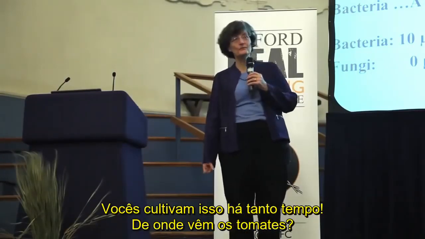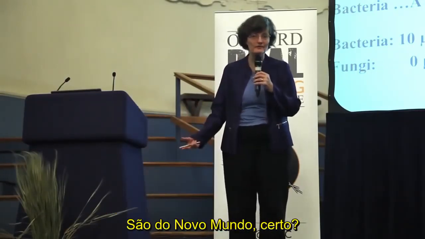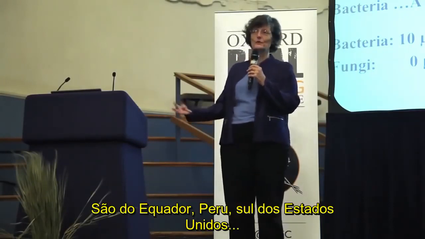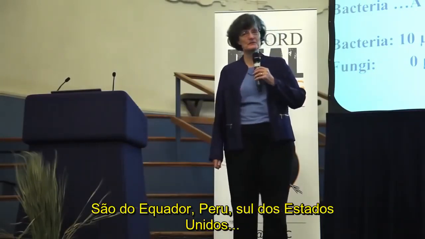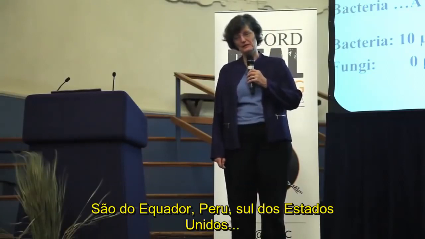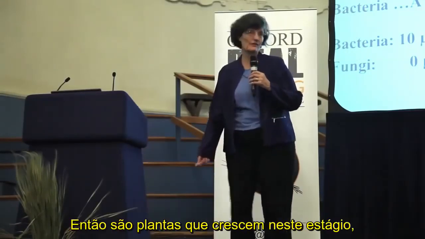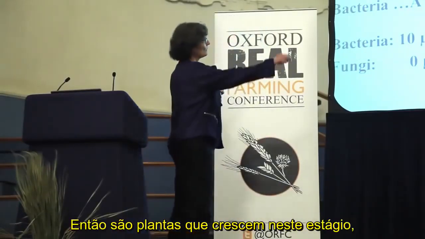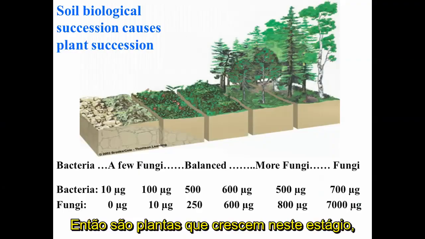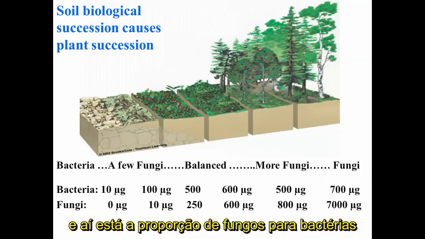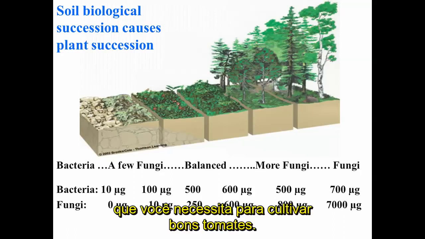Where did tomatoes come from? They're from the New World, right? They're from Ecuador, Peru, up into the lower parts of the United States. So they are plants that grow right in this stage. So there's that fungal to bacterial biomass ratio that you need to grow good tomatoes.